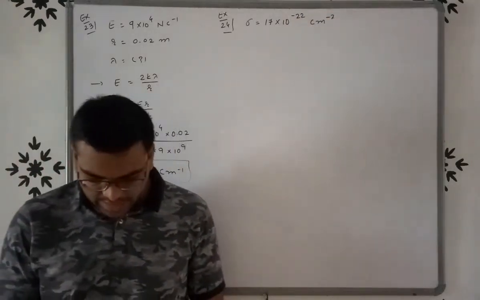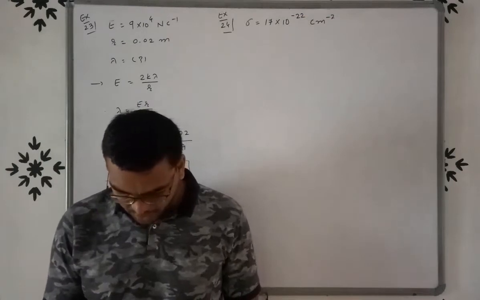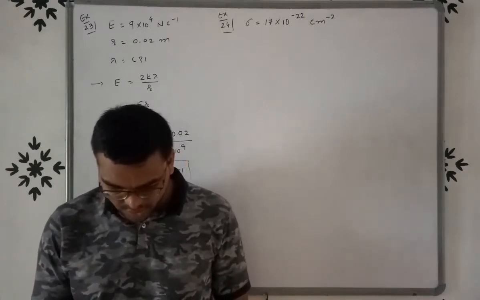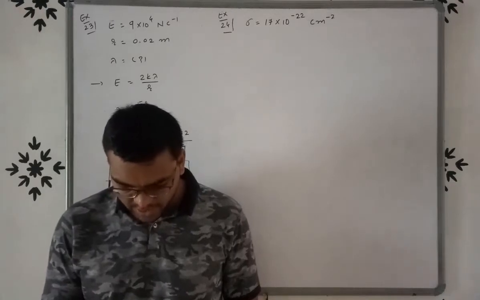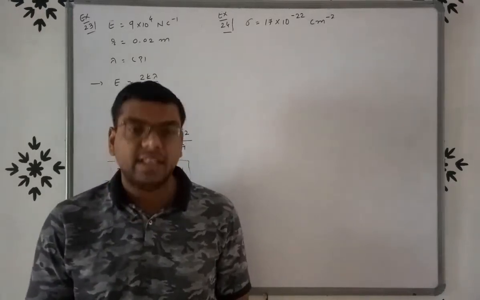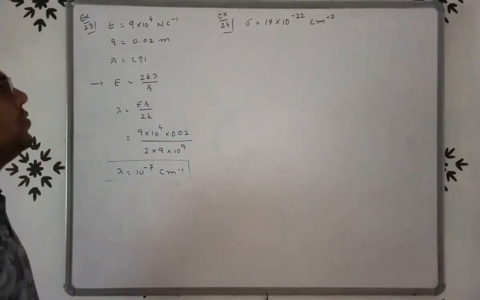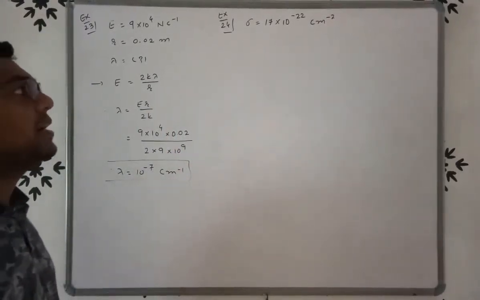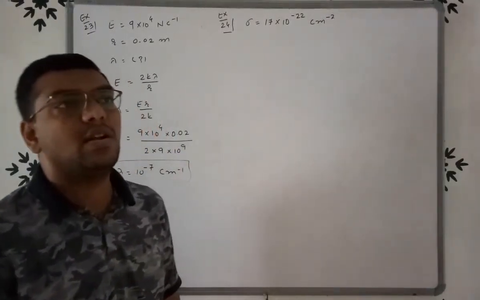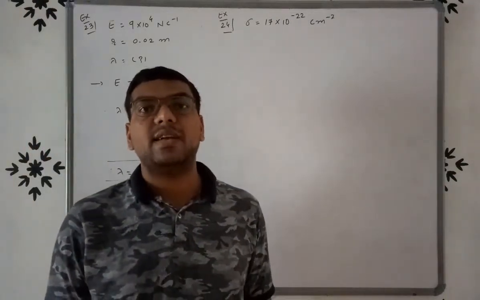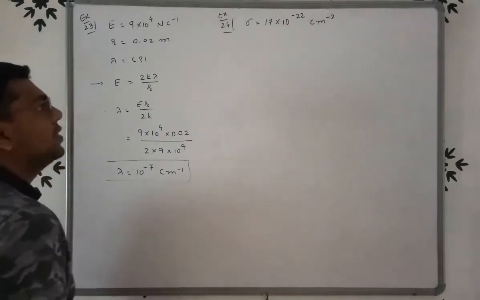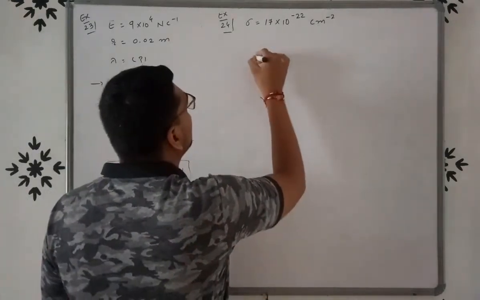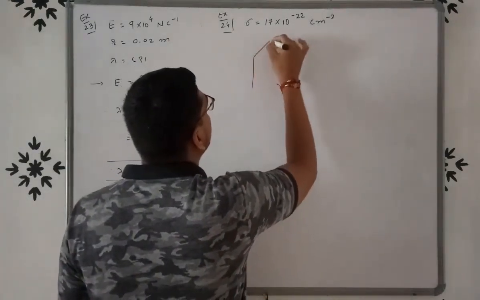Then what is the electric field in the outer region of the first plate, the outer region of the second plate, and between the plates? So we have to find the electric field at the outer region of the first plate, the second plate, and between the two plates. So now see friends, these are the plates.